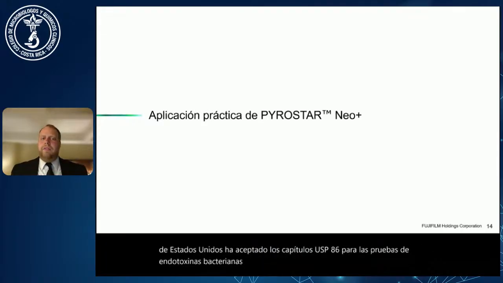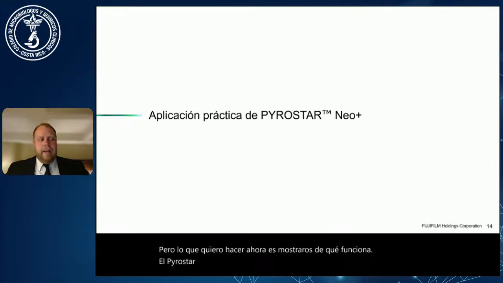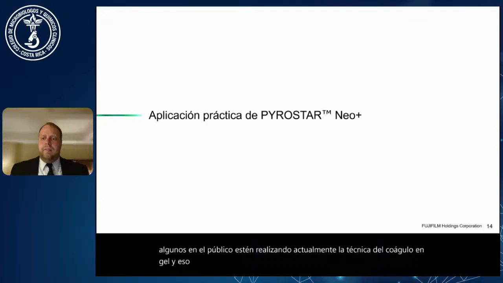But what I want to do now is to show you what the operation of the Pyrostar Neo Plus would look like. I understand that I may have a varied audience. Perhaps some in the audience are currently performing the gel clot technique, and that's the only technique that has been used.